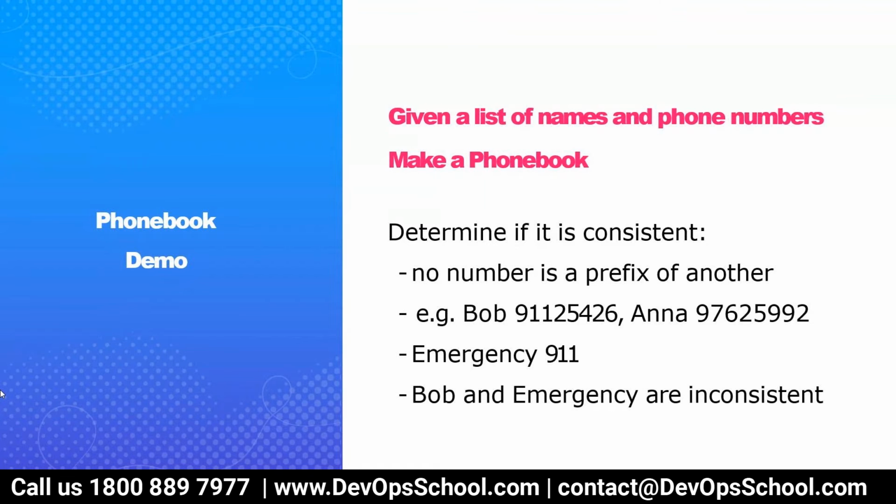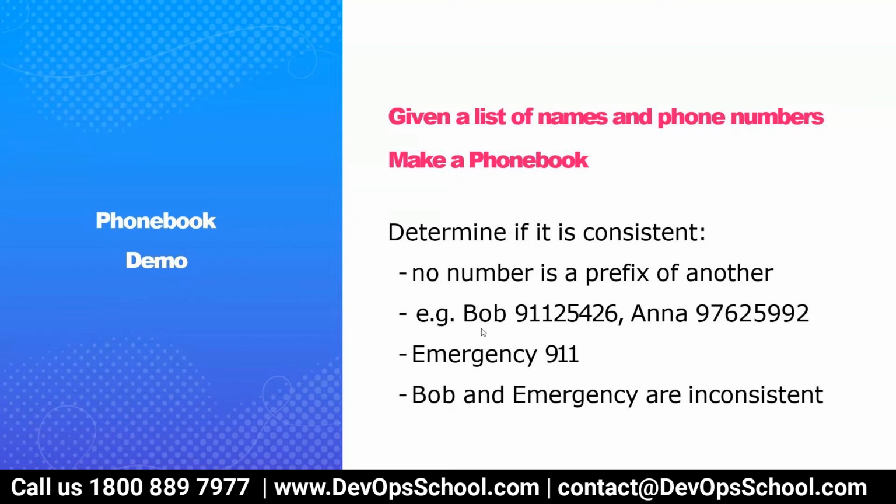We have a phone book program, and we have to write a unit test to check that the numbers given do not have a prefix relationship with each other. For example, Bob and the number, Anna and the number. The number should not be a prefix of 911. Bob and an emergency number are inconsistent.